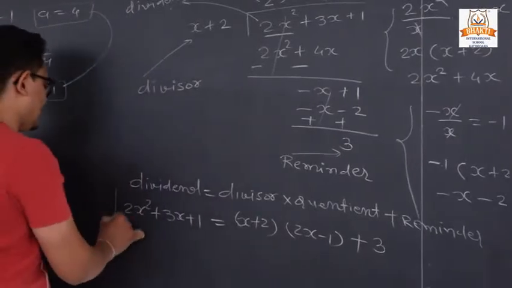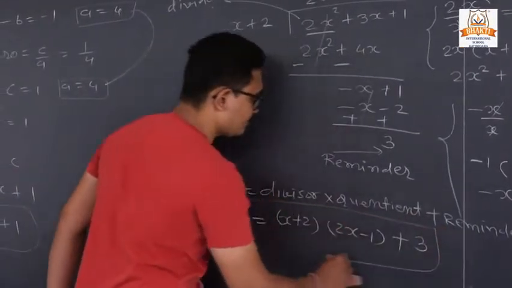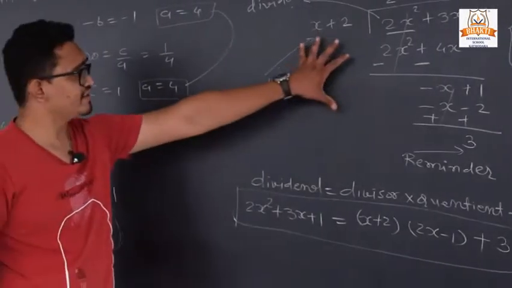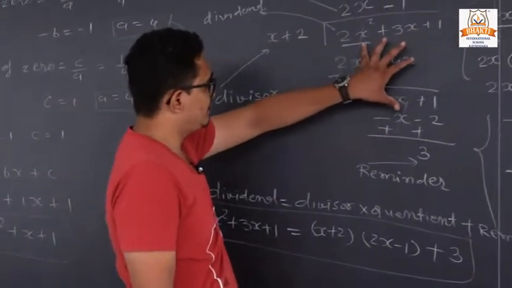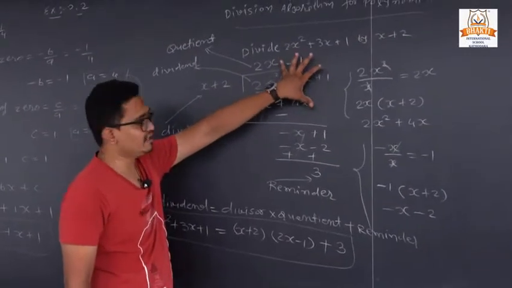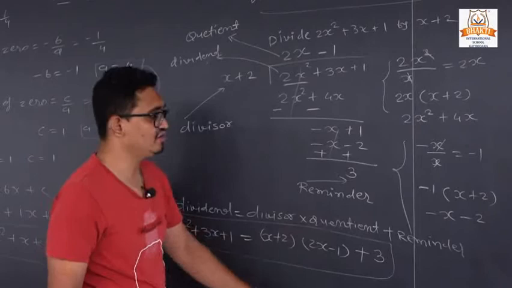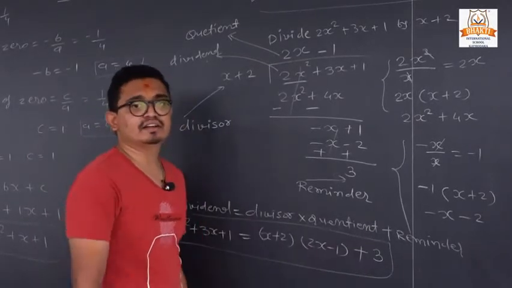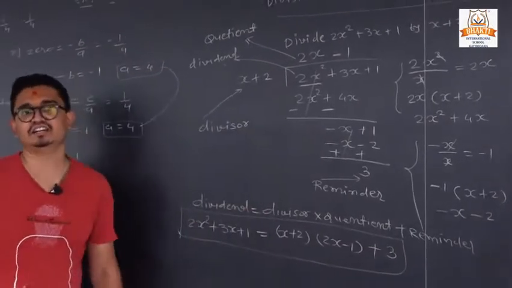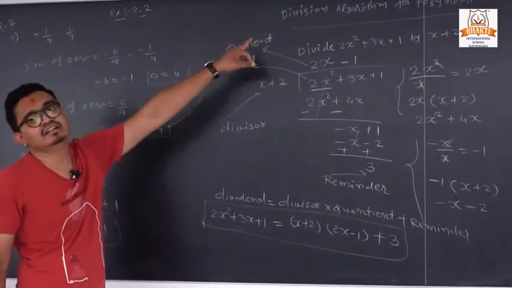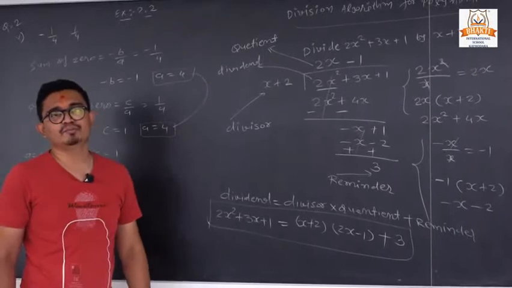So we can write like that in our standard 9 polynomial division. In the division, we are using that formula: dividend is equal to divisor into quotient plus remainder. So in 10th standard the exercise 2.3 totally depends on the division algorithm for polynomials.